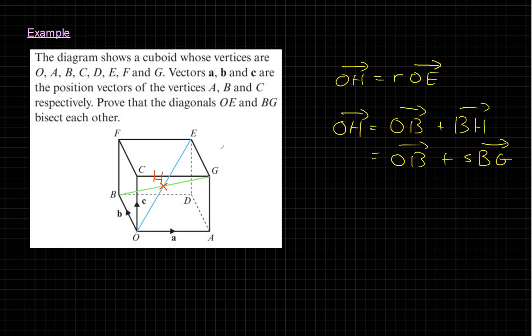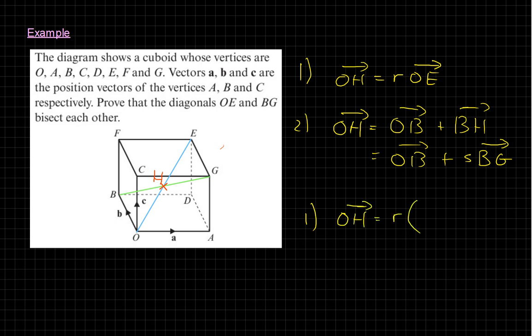And then let's think about, can we start turning this into terms of the A, B, and C vectors? I think we can. So let's talk about this first one and the second one. The first one tells us OH is equal to some multiple of O to E. Now, O to E, how do we get from O to E? This is a cube, right? So I could do A, and then go up here, which is equivalent to C, and then go along here, which is equivalent to B, right? I'm talking about the little letters now.